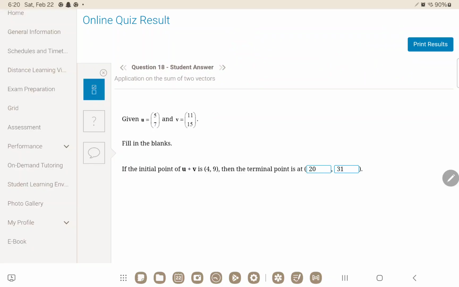Here they want you to add two vectors. If the initial point of u plus v is 4, 9, then the terminal point is... So what they're telling you is you have a point 4 and 9, and you want to add to it u and v. So first you add u and v, which is 5 plus 11, which is 16, and 7 plus 15, which is 22.